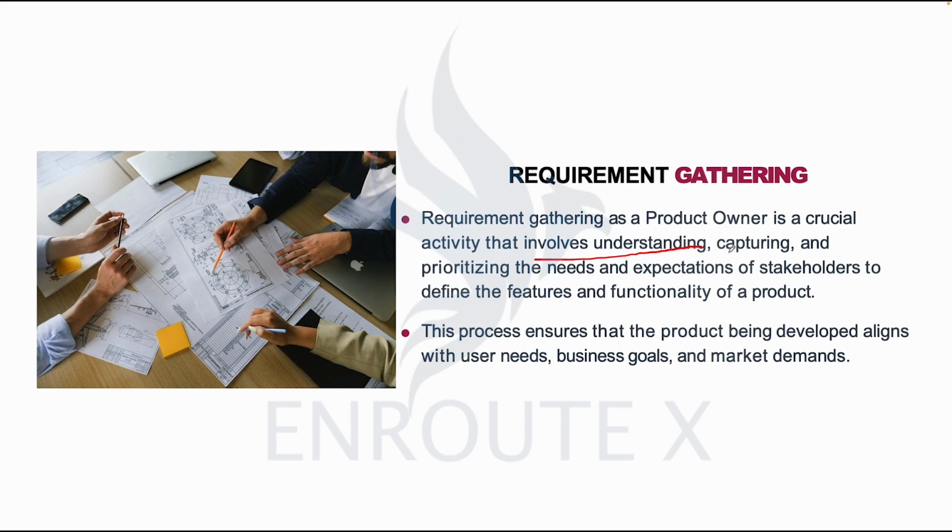Understanding, capturing, and prioritizing the needs and expectations of the stakeholders, to define the features and functionality of a product. So we can see the product owner defining the features and functionalities of a product.